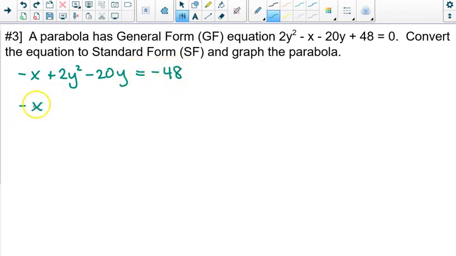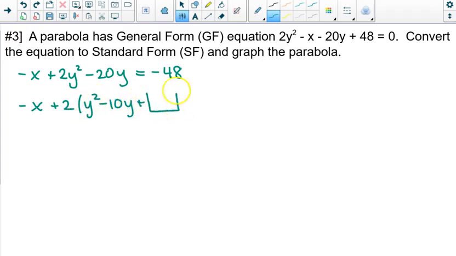Okay, so when we were working with the circle and we had to complete the square, we were able to divide everything by whatever coefficient was in front of the square terms. But I don't think in this case we want to divide everything by 2. But here's what we can do instead. We can factor out the 2. So factor the 2 out of the y squared term and the y term.